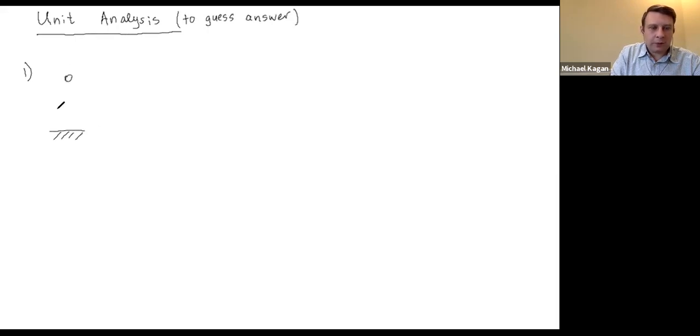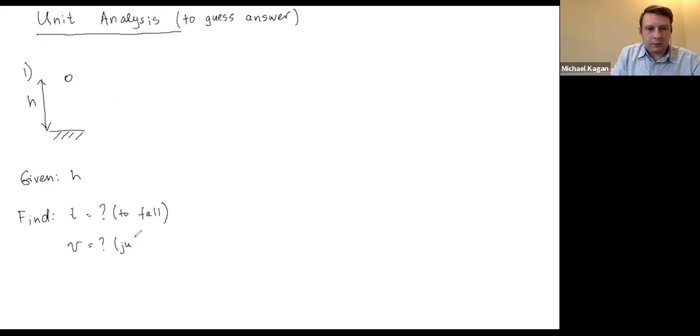So here is that problem that I just described. You have a ball that's falling from a given height h. You want to find the time it takes to fall, and let's say v at the bottom, just before hitting the floor.